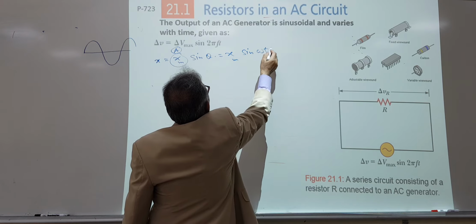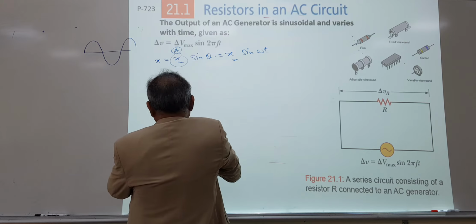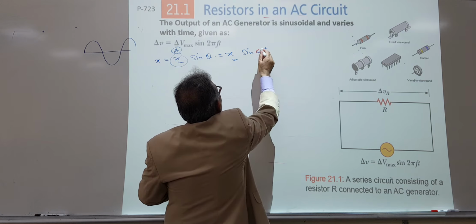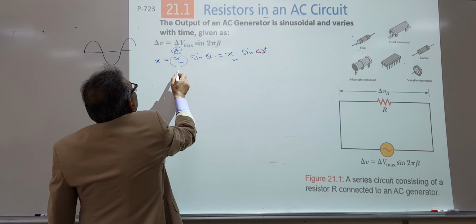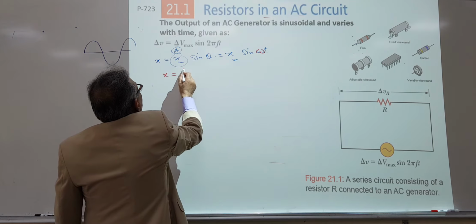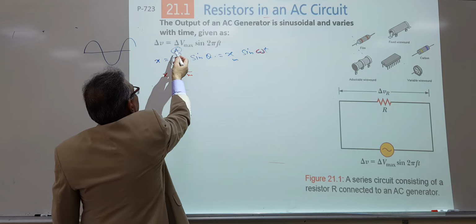Theta is equal to omega t, or omega is further equal to 2 pi f, so you can write x is equal to x max, which is the amplitude, right?